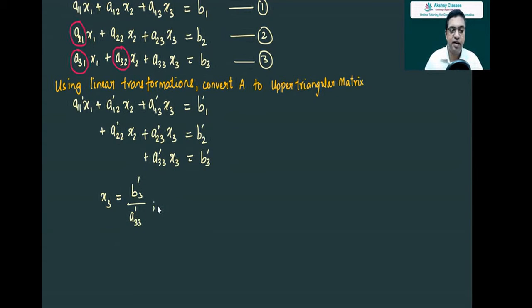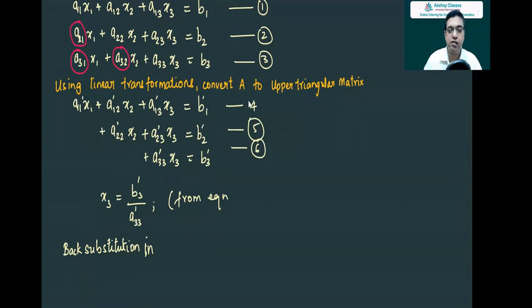Once we find x3 from the third equation, then we do what is called back substitution. I will modify this: equations 1 2 3 become 4 5 6.